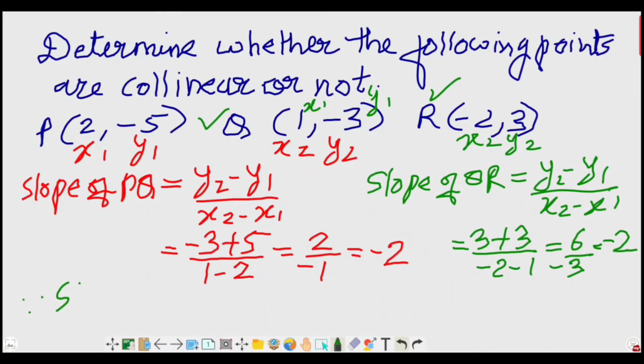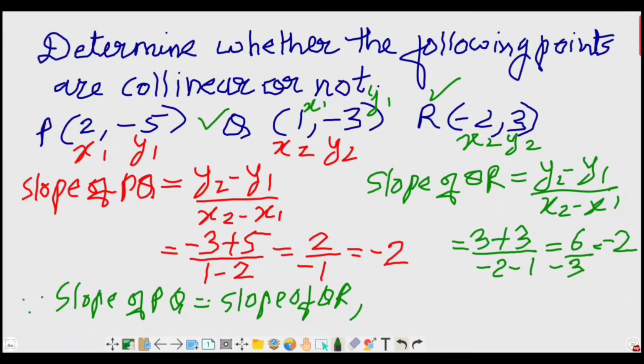So since slope of PQ is equal to slope of QR, based on that you can conclude, therefore, P, Q and R are collinear points.